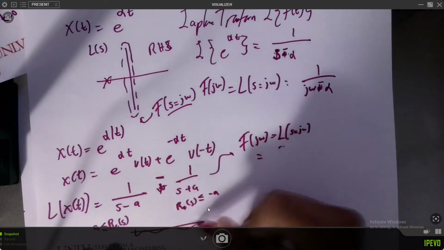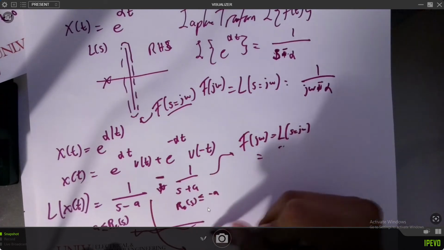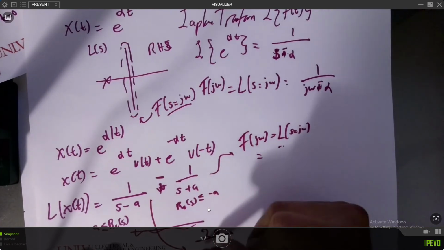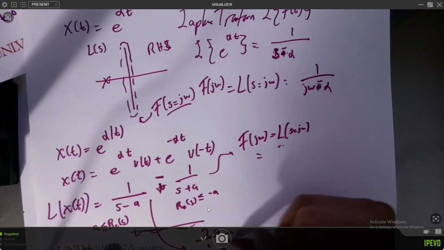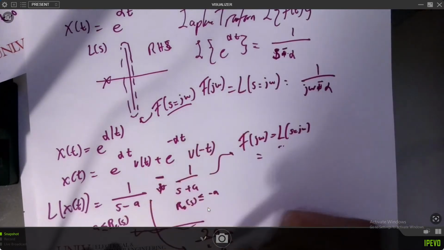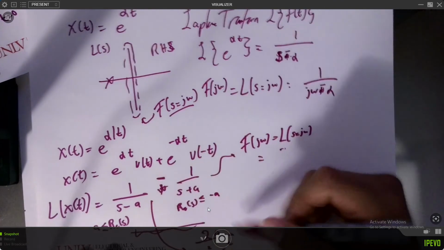Actually, get rid of this line. I did the math, and you get 2 alpha over s squared minus a squared. Because if you multiply this and this in the bottom, you get, well, this and this. Then these two combine to get you 2 alpha.